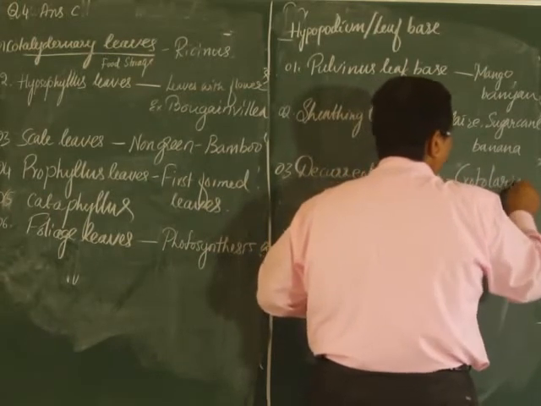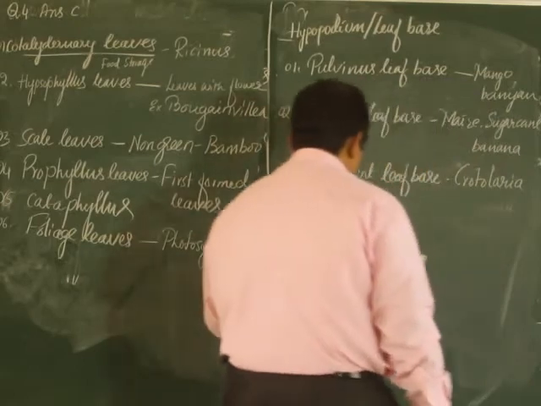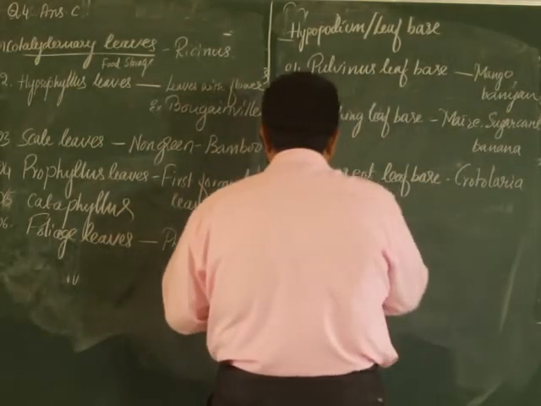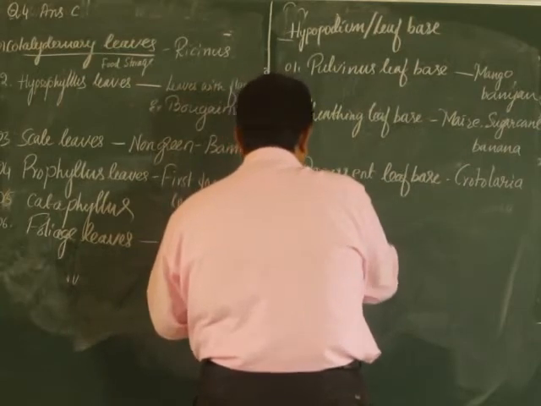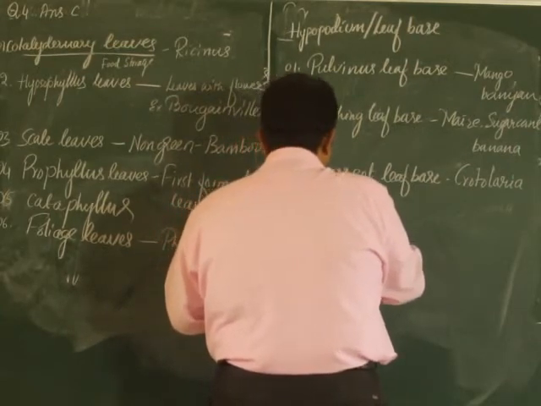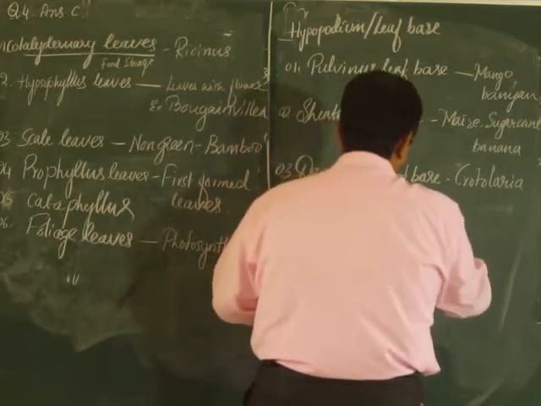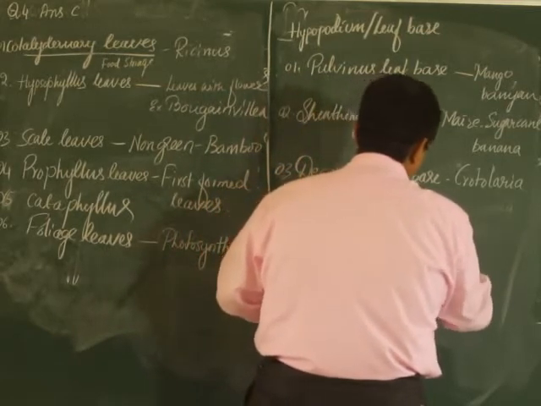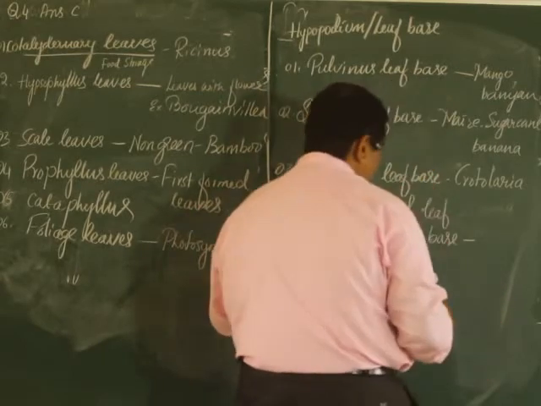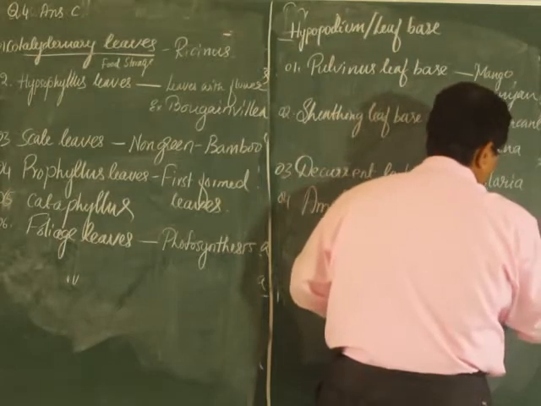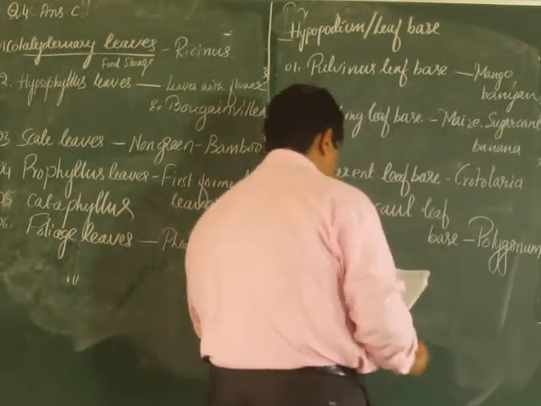And amplexicaul leaf base, found in Polygonum.